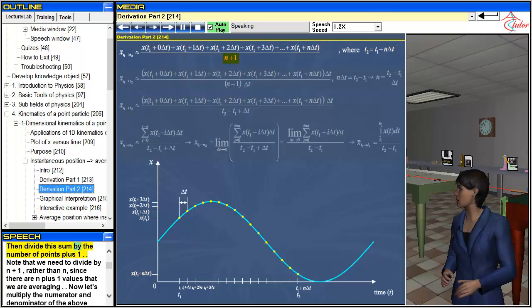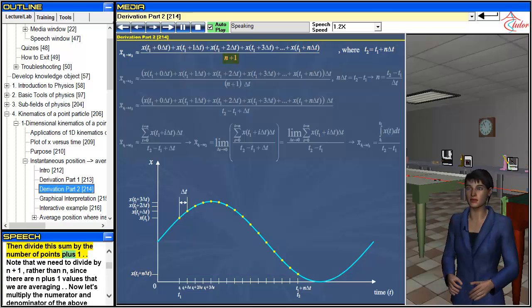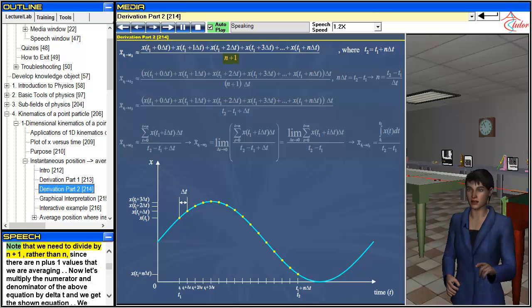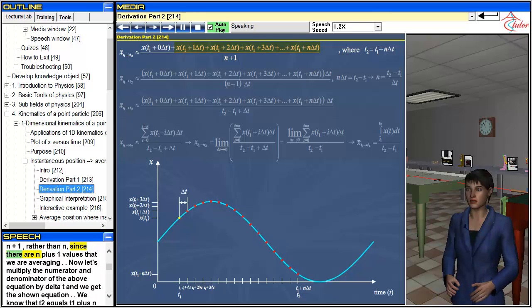Then divide this sum by the number of points plus 1. Note that we need to divide by n plus 1, rather than n, since there are n plus 1 values that we are averaging.